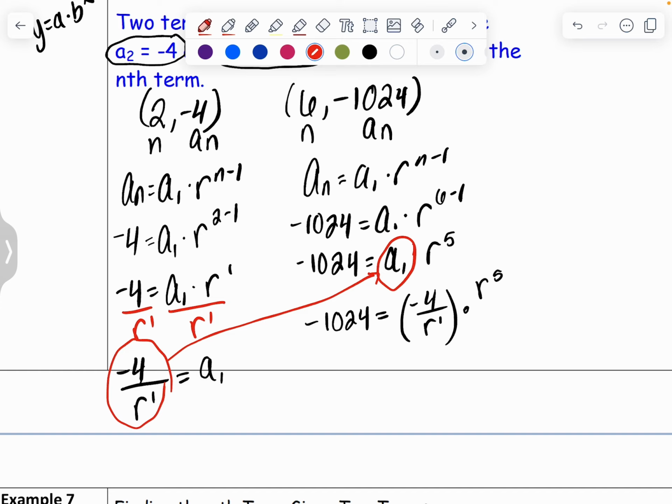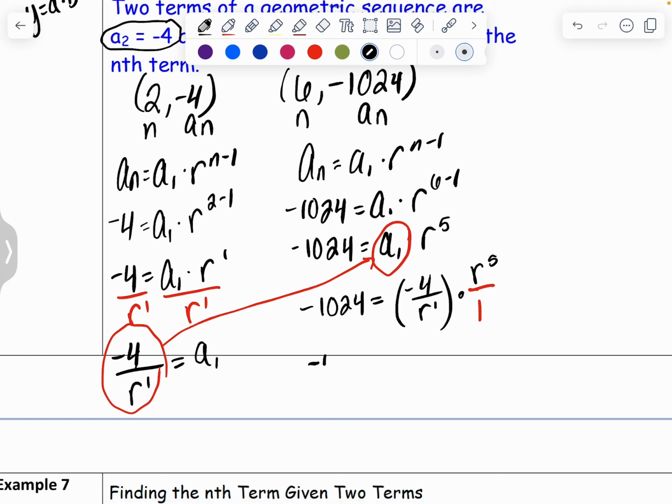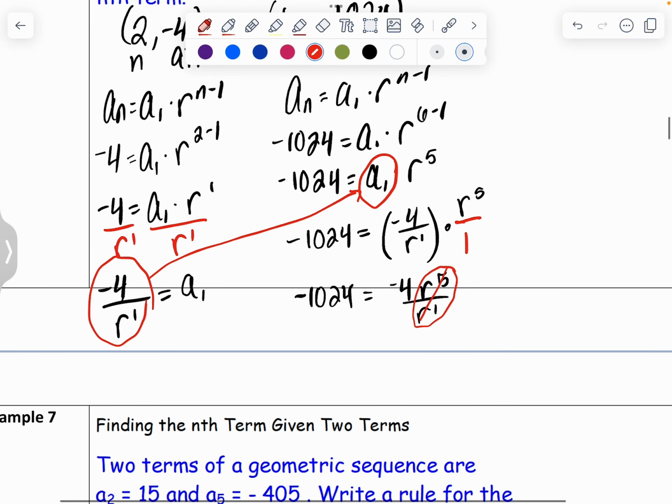Since we have a fraction times a whole value, we're going to put that over 1 because we want to remember that this r to the 5th is being applied to the top of that fraction. So -1024 equals -4 r to the 5th over r to the first. Applying your exponent rules, r to the 5th over r to the first will reduce to r to the 4th.